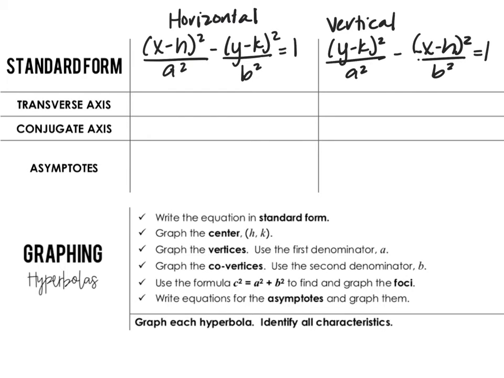So here are a couple things to point out. Instead of a plus sign between both terms, like in ellipses, we have a minus sign for our hyperbolas. Now, when we did ellipses, we changed the denominators for horizontal versus vertical. However, notice here with horizontal versus vertical hyperbolas that we are actually exchanging these numerator terms.